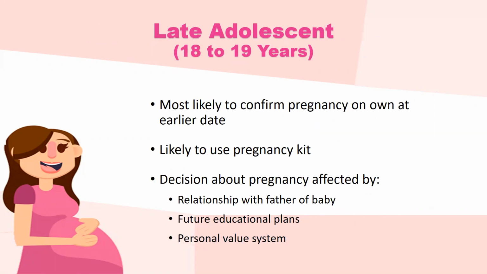Late adolescence is 18 to 19 years. These women will come in more at ease with their individuality and their decision-making ability. The ability to understand concepts and accept the consequences of their behavior is more prominent in this age.